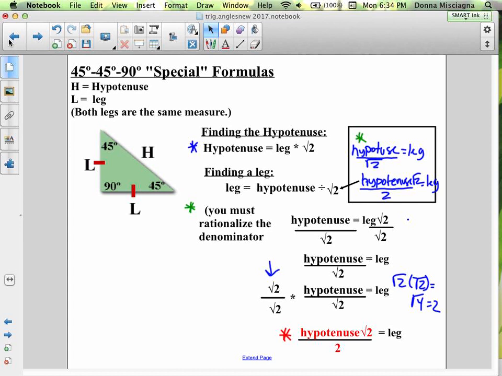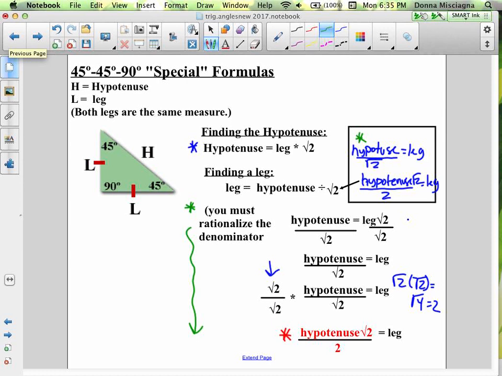I do have a set of notes. All right, so under finding the hypotenuse, you're just going to write hypotenuse equals leg times the square root of 2. Under finding a leg, you're going to write in this right here, in the box.